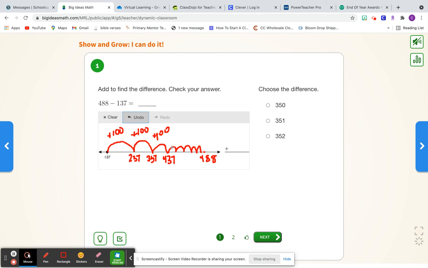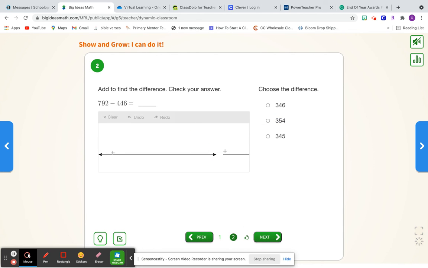So this is 2 tens, 3 tens, 4 tens, 5 tens. So plus 50. I'm just putting the 50 here because I don't have enough room to write 5 tens. And that would be at 487. And then if I just add 1, I will be at 488. So let's see, we have 3 hundreds, 5 tens, and 1 one. So our answer is 351.